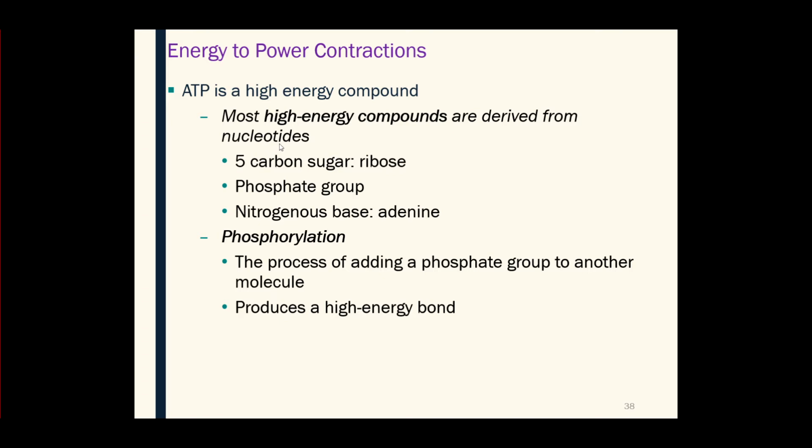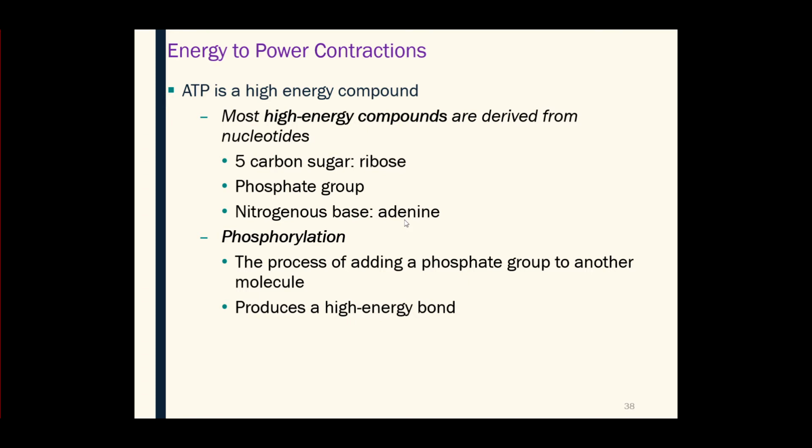And just to review their structure, a nucleotide consists of a 5-carbon sugar. In the case of ATP, it's going to be ribose, the same sugar that was in RNA. The nucleotide is also going to have a phosphate group and a nitrogenous base. If you remember, the nitrogenous bases were adenine, thymine, guanine, cytosine, uracil.